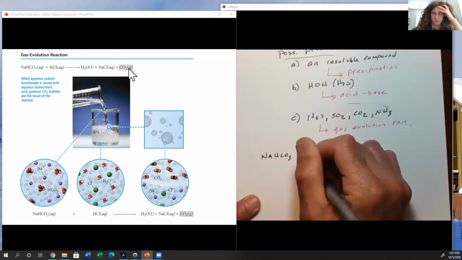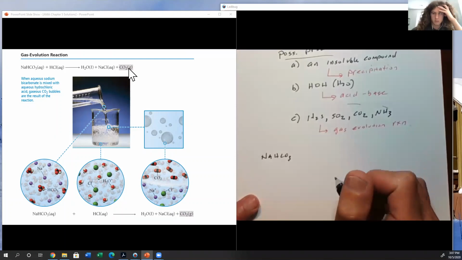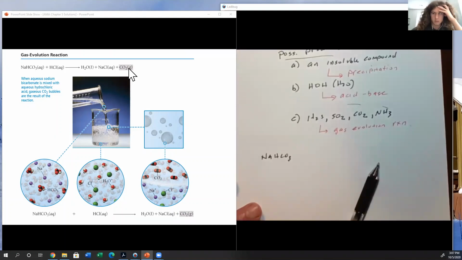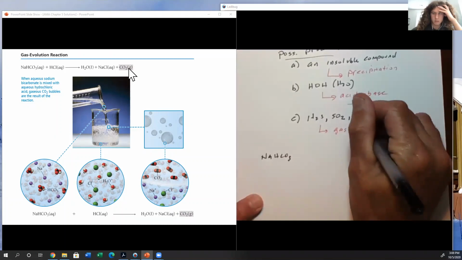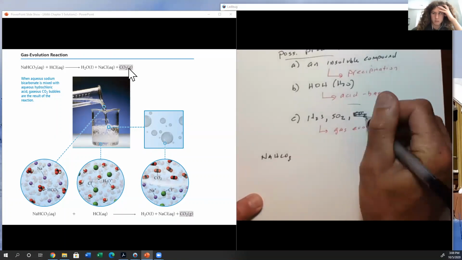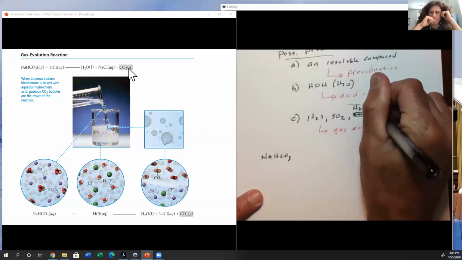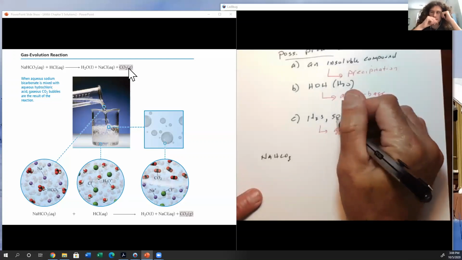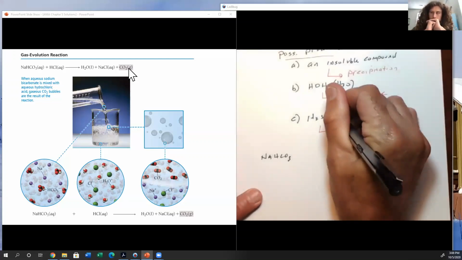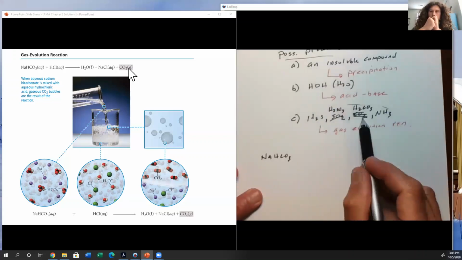Oops, sorry, I made a mistake here. What I'm looking for is not CO2, it's H2CO3, and what I'm looking for here is H2SO3. These are actually the things I'm looking for.